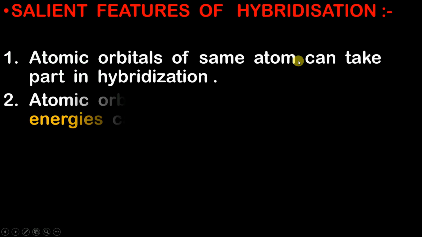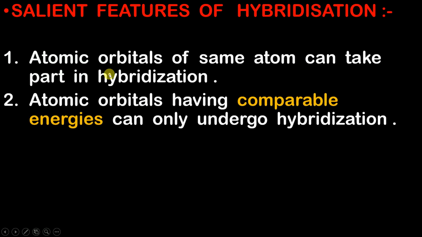The second point tells us that atomic orbitals having comparable energies can only undergo hybridization. This is an important point, as in our example 2s was getting combined with 2px. They both were undergoing hybridization, but 2s and 2px have comparable energies, which means that the energy difference between them is less. Therefore, hybridization was possible between those two orbitals.